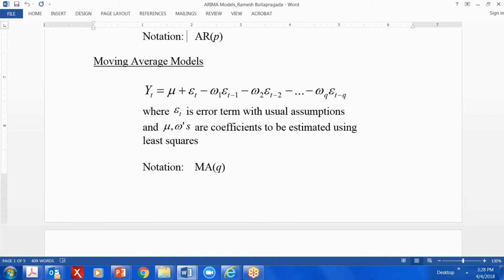So what you are doing here is looking at the error terms from past forecasts, and then estimating the value of YT based on those error terms and the mean value of the forecast over those time periods.